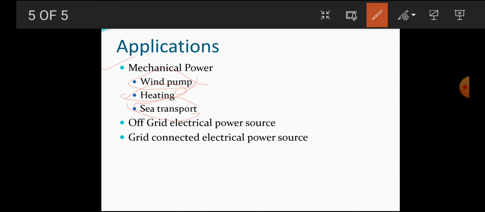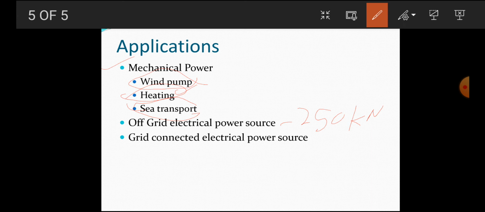Then next is electric applications. One is off grid, another is on grid. So what is off grid? Machines of low to medium power range, up to 250 kilowatt, can be used to supply power to isolated populations, farms, cooperatives, space heating and cooling, commercial refrigeration, desalination, and small industries.